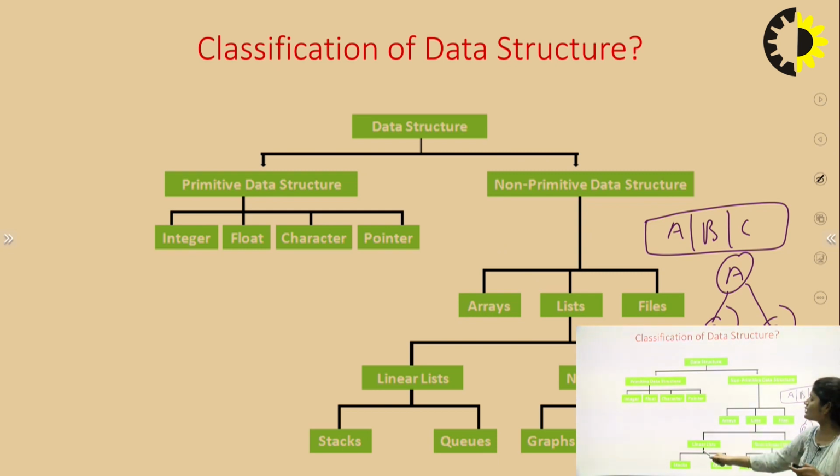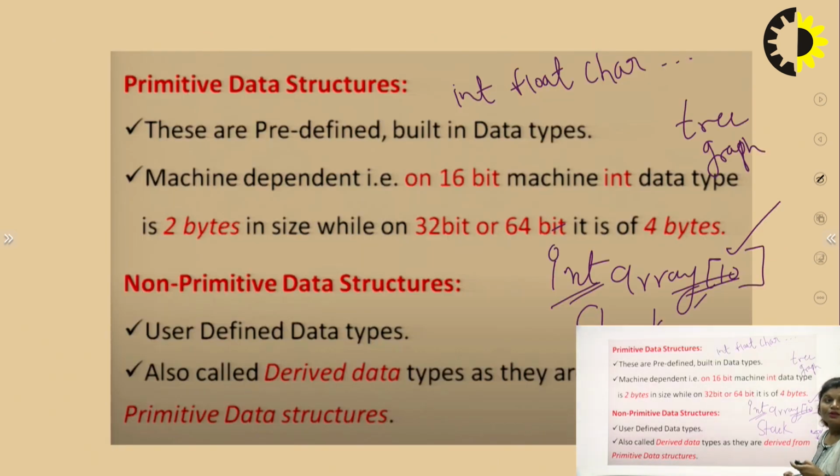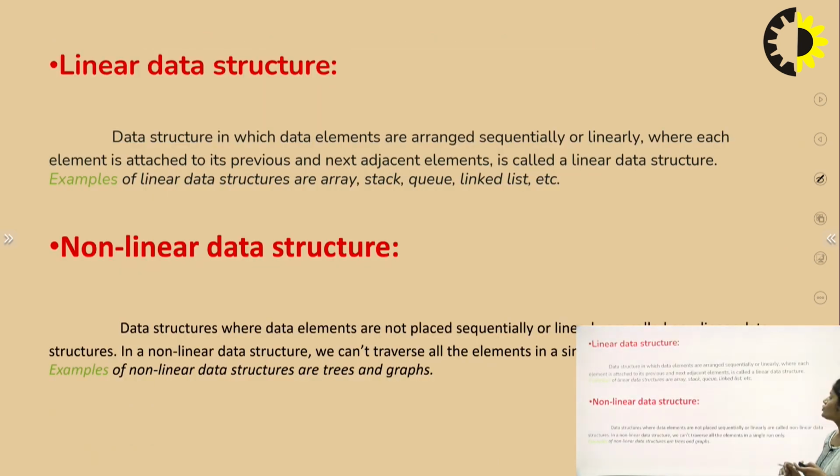and it is also classified into linear list and non-linear list. So now I describe linear list and non-linear list. What is linear data structure? A data structure in which data elements are arranged sequentially or linearly, where each element is attached to its previous and next adjacent element, is called a linear data structure. Okay.